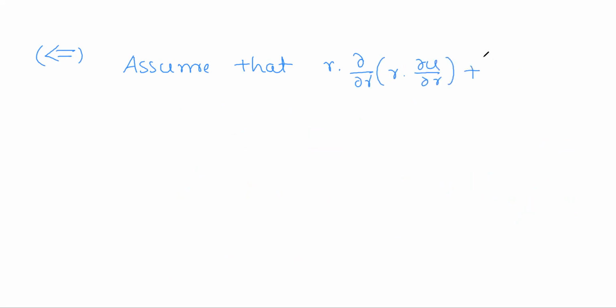Now conversely, assume that the given equation holds. That is r ∂/∂r of r ∂u/∂r plus ∂²u/∂θ² equals 0. Then use the equation star.